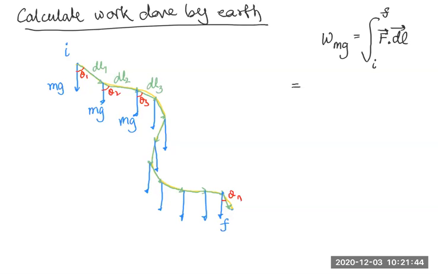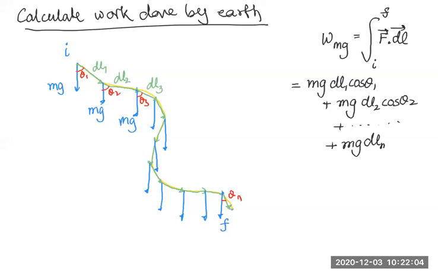So this is equal to mg dl1 cosine theta 1 plus mg dl2 cosine theta 2, dot dot dot, plus mg dln cosine theta n. Right? This is the value of work done by mg.